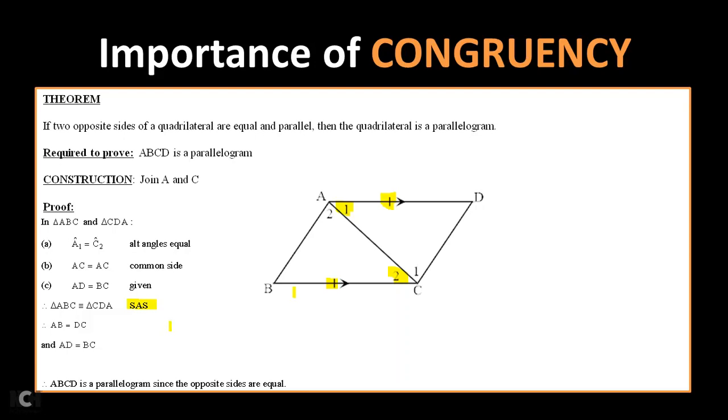And also it will help you in the riders, because sometimes you want to prove that one side of a triangle is equal to the other side of a triangle, but you don't have any relationship that you can relate those two sides to. But if you can prove that those two triangles are congruent to each other, then you can conclude that the one side is equal to the other corresponding side of the other triangle.